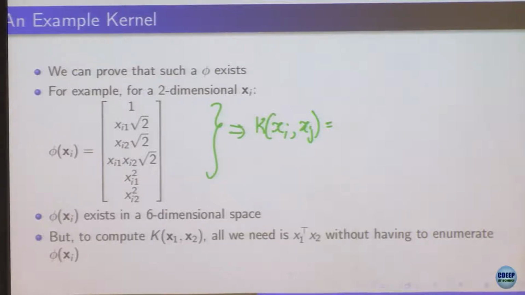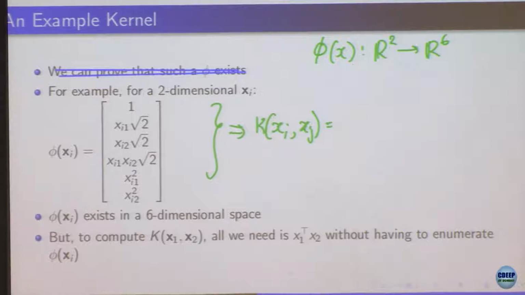Okay, so here phi(x) is a function from R2 to R6. For the time being, just ignore this first sentence. Phi(x) goes from R2 to R6.